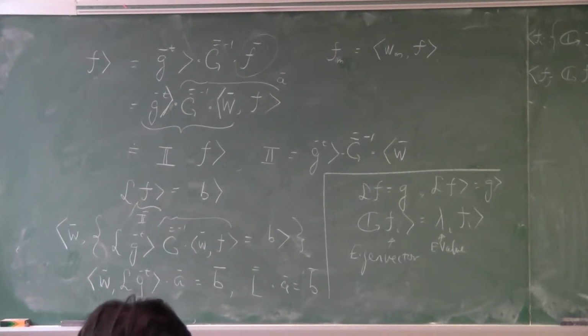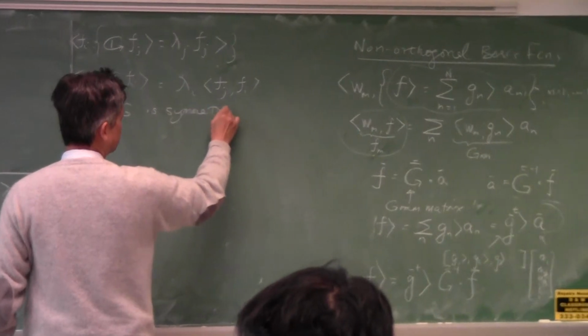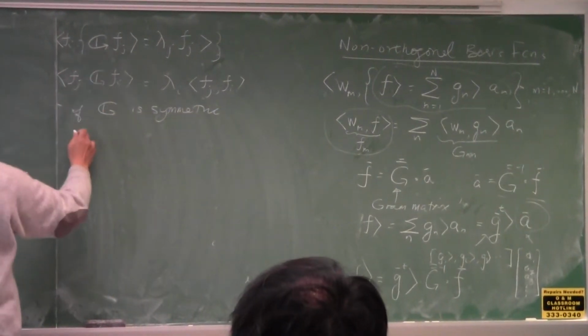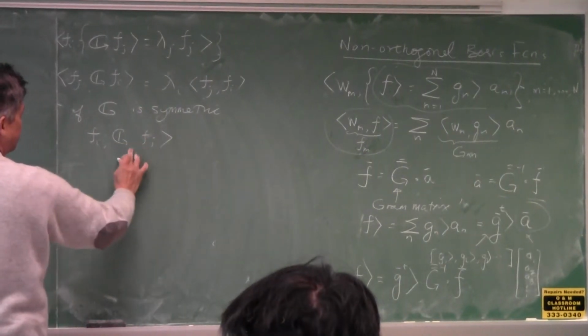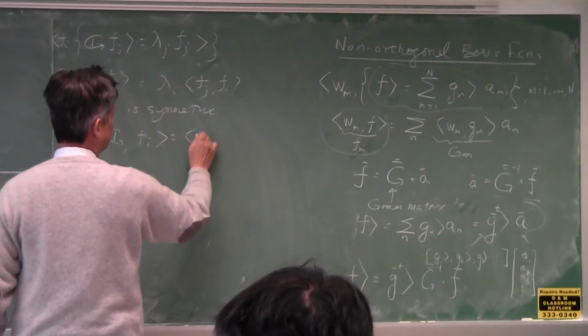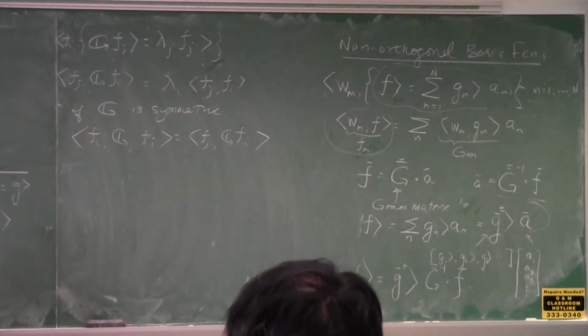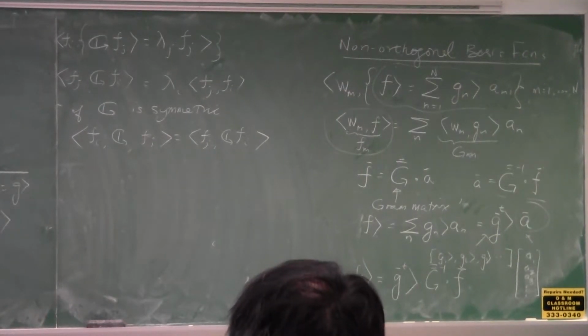If you assume that G is symmetric, then this piece here is equal to that piece over there. Then f sub i comma G f sub j would be equal to f sub j comma G f sub i. If G is symmetric, this is true. That is the definition of a symmetric operator.